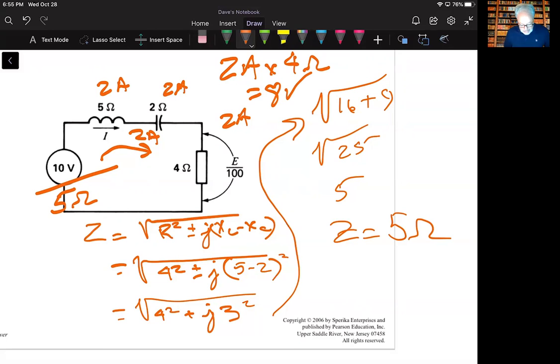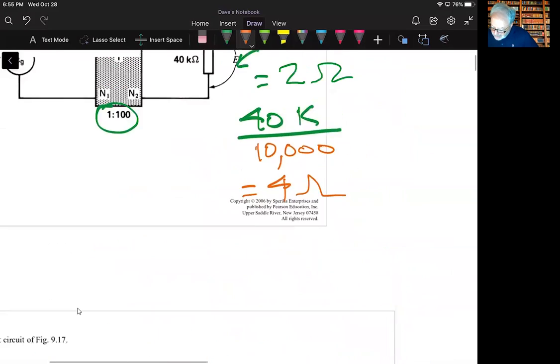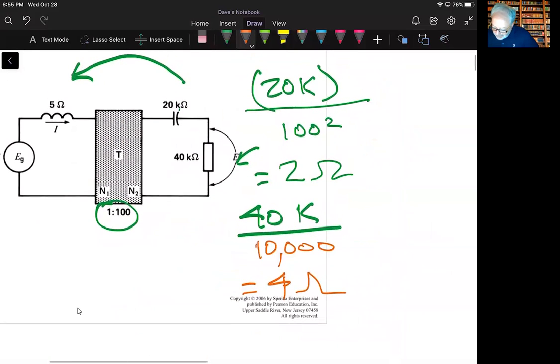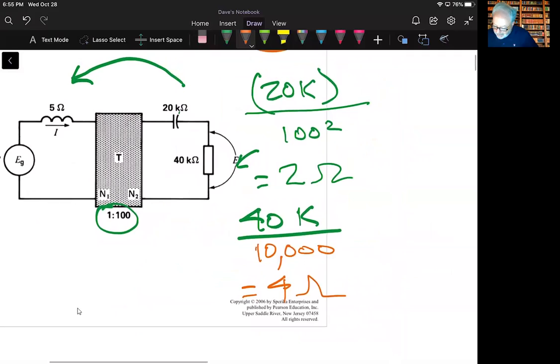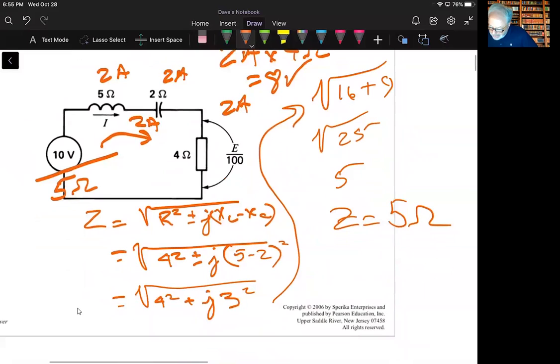And then he goes on to tell us the actual voltage that we would see based on this turns ratio. If this were here in this problem, it's going to be 100 times more than that, or 800 volts there. This is how I get there.